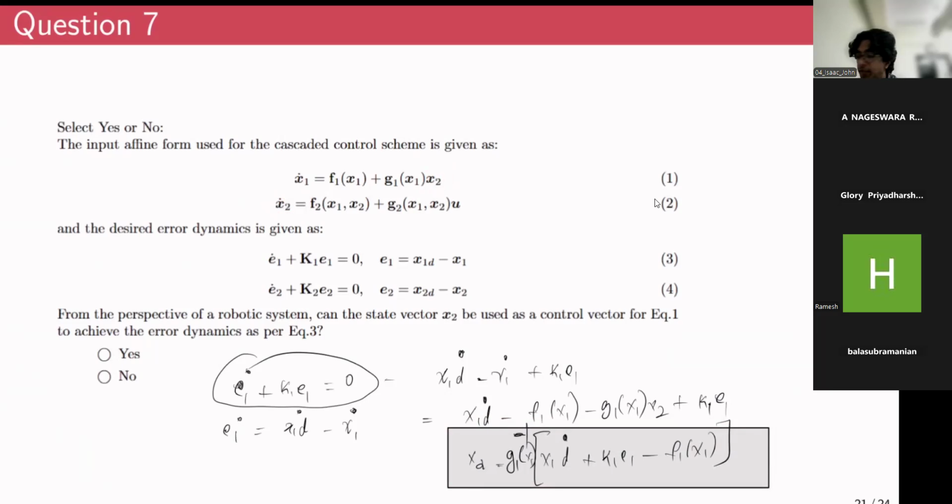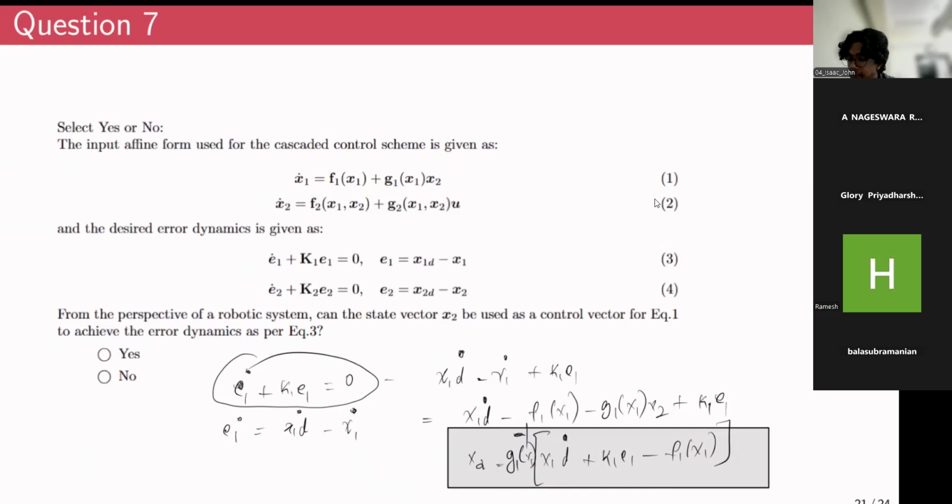So what we do is we use this u vector so that x2 will go to this expression. And once we do that, x1 will follow this error dynamic. So in that regard, we cannot really treat this x2 as a control vector. We have to get the help from the second subsystem as well, from the control input u.